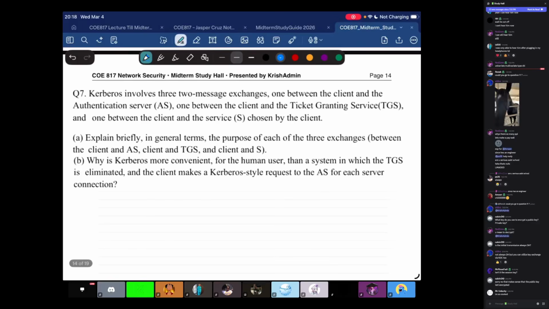Question number 7. Kerberos involves 3 two-message exchanges: one between the client and the authentication server, one between the client and the ticket granting service, and one between the client and the server or the service that is chosen by said client.